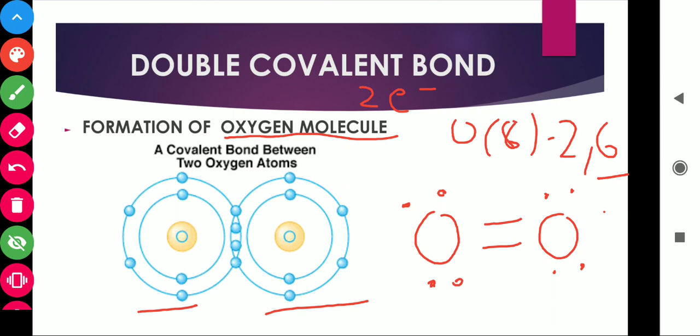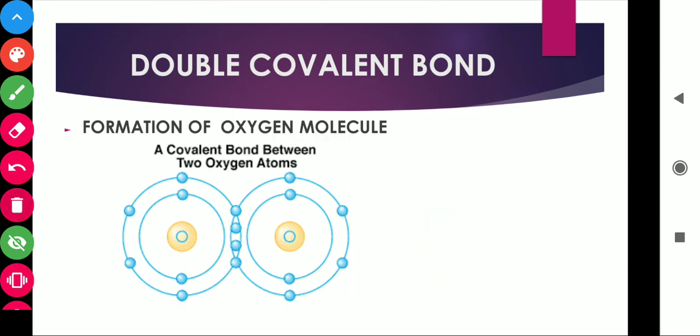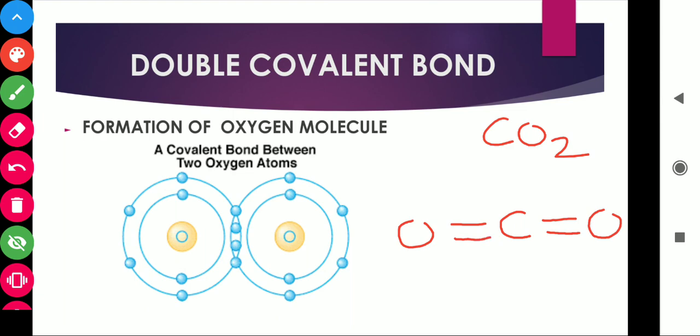It may be possible that more than 2 atoms are present in a molecule. Let's take an example, CO2. How does the bonding take place? C. As we have discussed, it has valency 4, and oxygen has valency 2. It requires 2 electrons, carbon requires 4 electrons. 2 electrons are shared between carbon and oxygen, and 2 more electrons get shared from carbon to the other atom of oxygen.